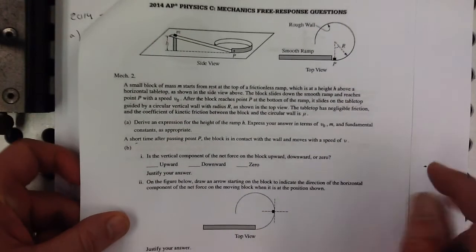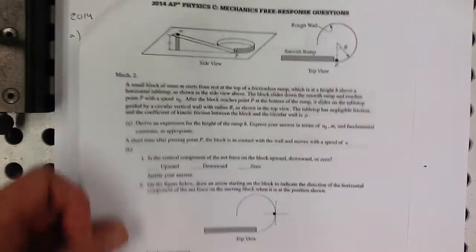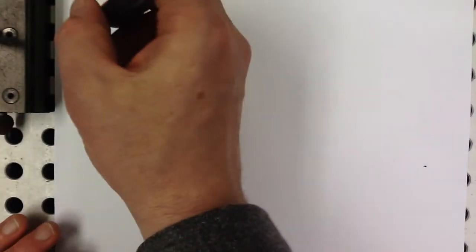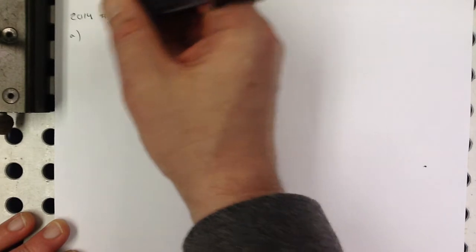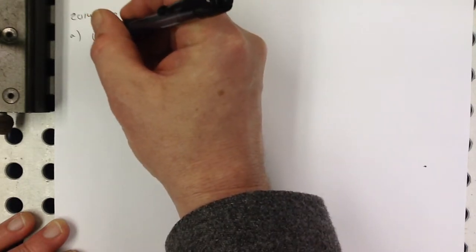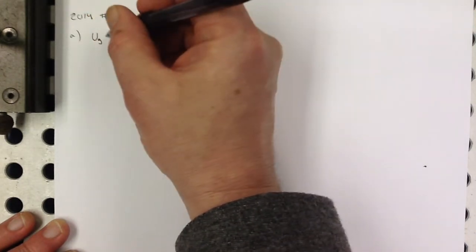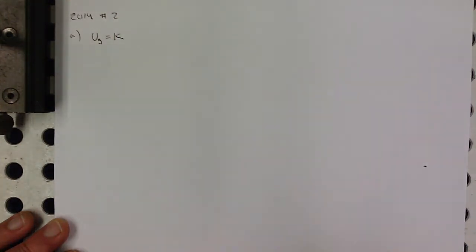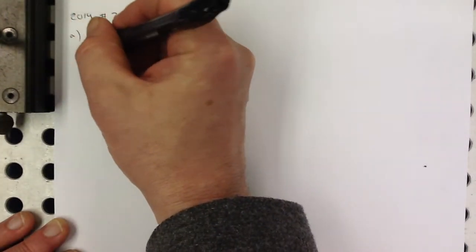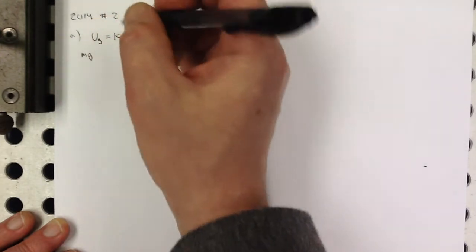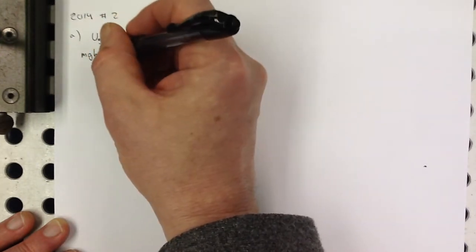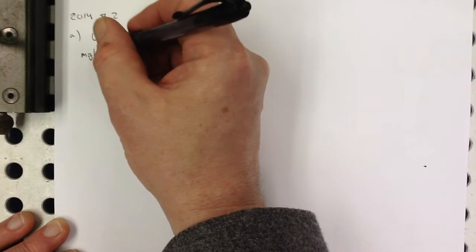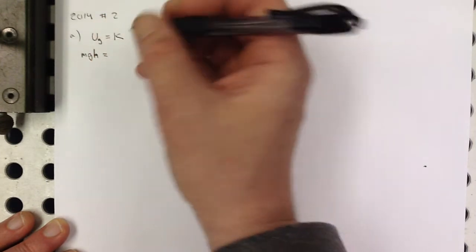And we know that when it gets to point P, it's got a velocity of v sub 0. So we've got something that's changing height, no energy loss. So that means the gravitational potential energy it starts with is going to be kinetic energy when it gets to point P. So mgh, they actually just call that height h. Sometimes it's a y or an L or something, but here it's just h.